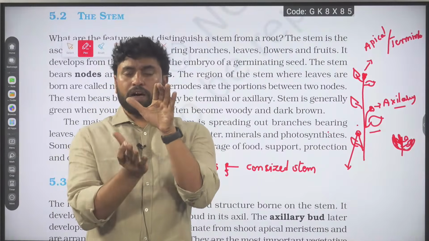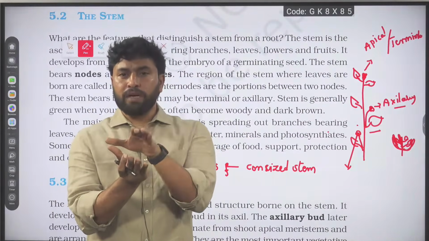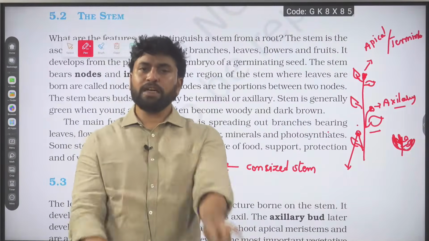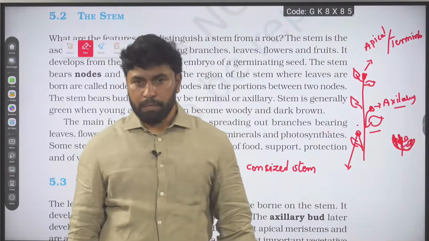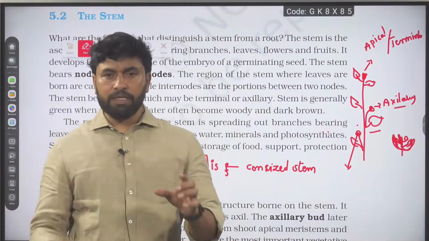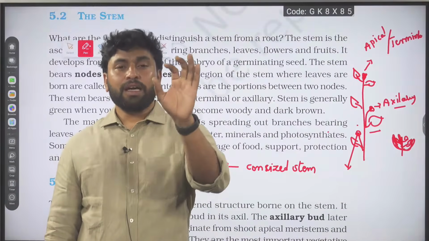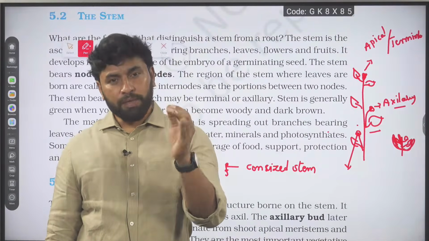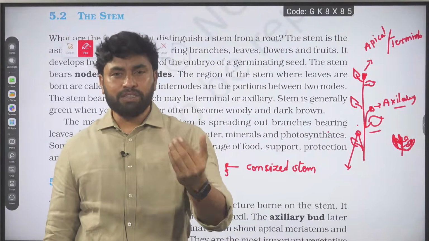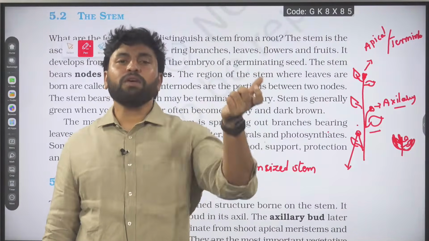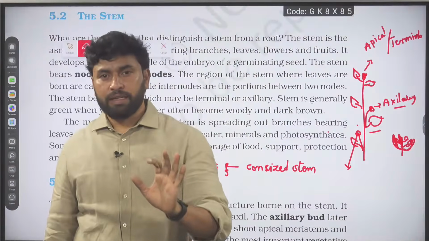That's why all the leaves appear to be arranged one on the top of another. Such kind of arrangement is nothing but bud. With all this explanation, I wanted to say only one thing. Bud is nothing but a concised stem. From the bud, you can develop a branch, you can develop an expansion of a stem, or you can develop a flower. Getting the statement?